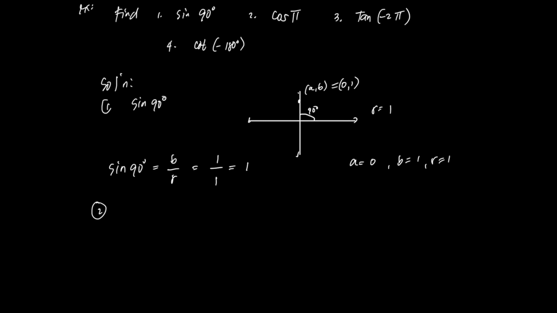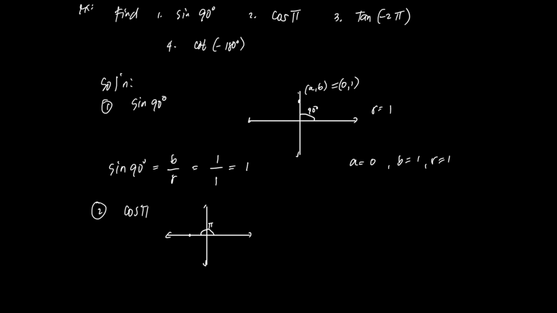So for number 2, we have the cosine of pi. So pi again is 180 degrees. If we locate that one in the rectangular coordinate system, this is our angle, and that is pi.